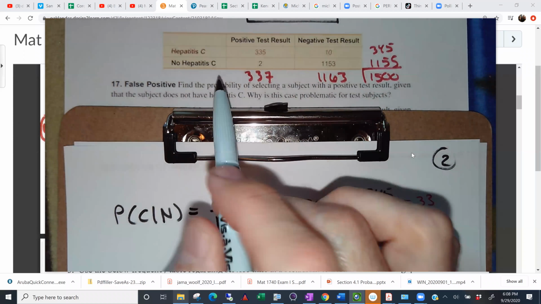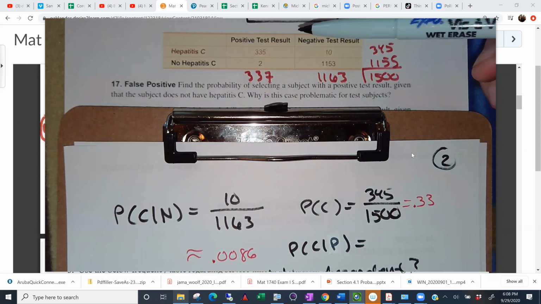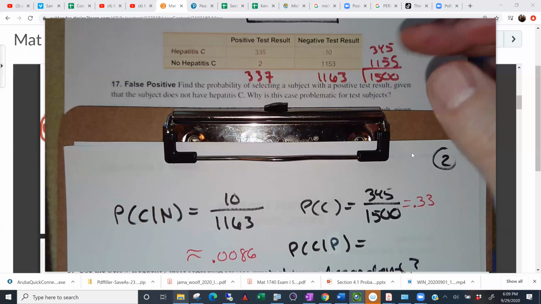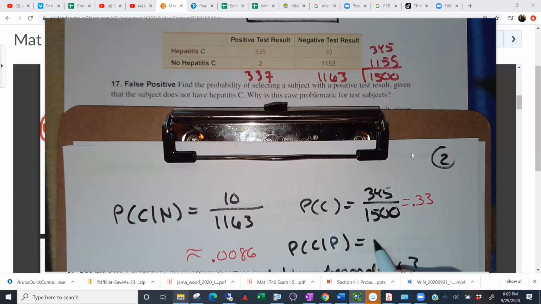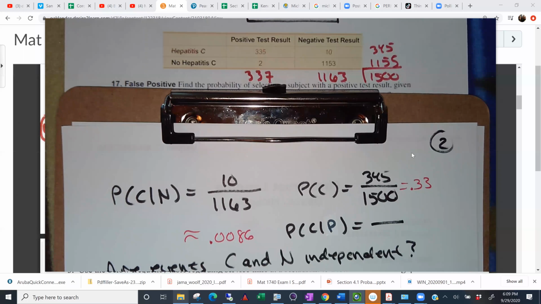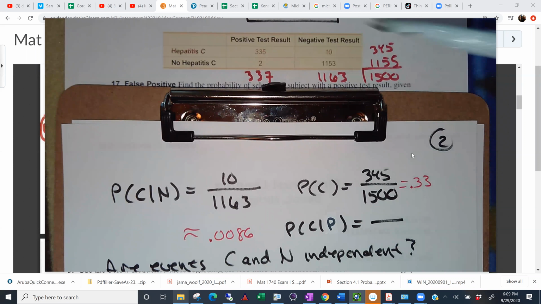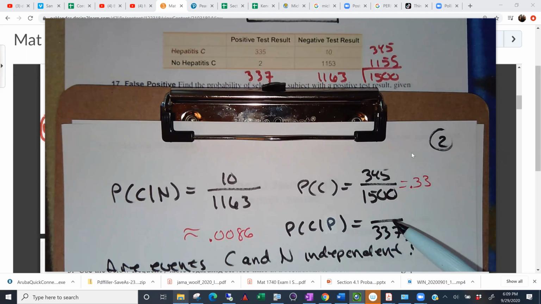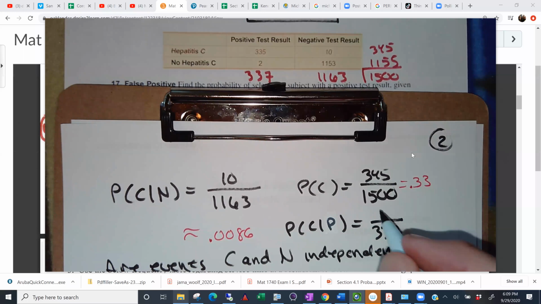So we have to look at a different part of the table. What would be my denominator for this current probability? How many people tested positive? 337. And of those people that tested positive, how many actually had hepatitis C? 335.